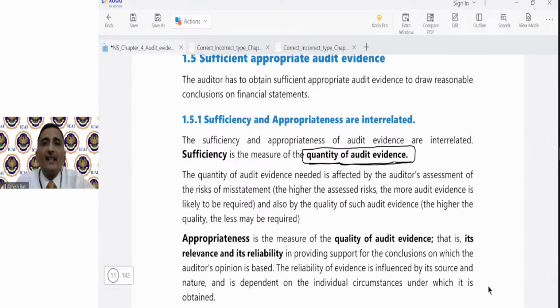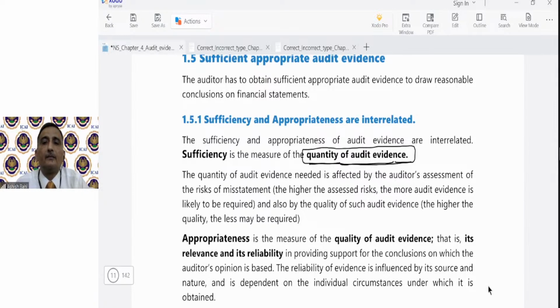However, if he has assessed the risk of material misstatement to be high, then his area would be increased, and in effect the quantity of audit evidence on which he is placing comfort is also likely to be increased.